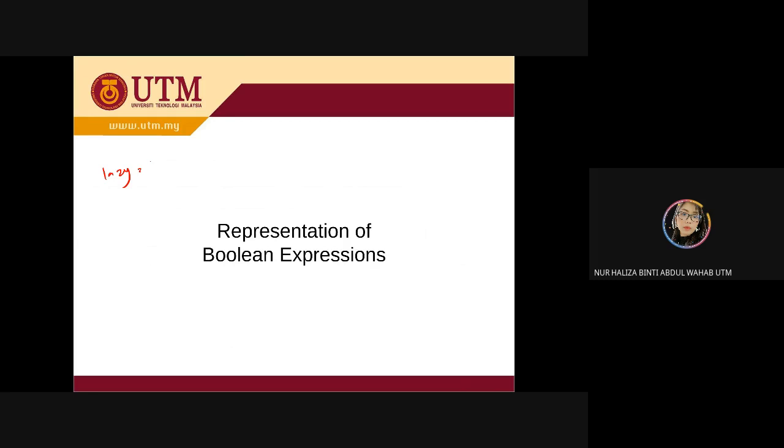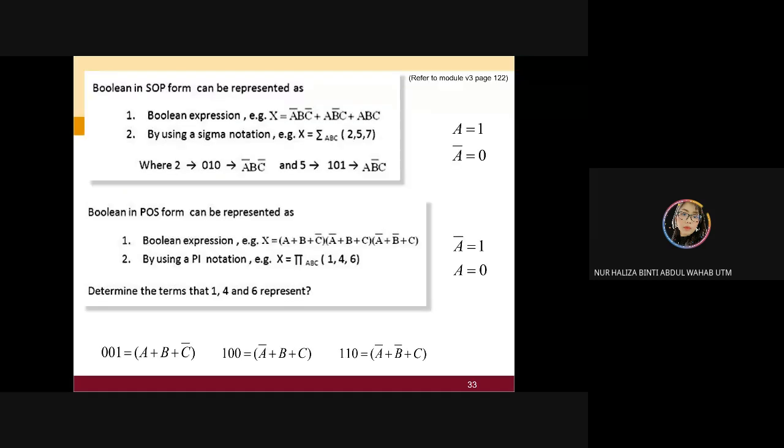We want everything as a shortcut, similar to our new generation, with short forms, too many short forms. Similarly with our Boolean expression, instead of drawing a long F equal to A, B, C, D, E, F plus A, B, C, D bar F, which is too long to represent, we are going to have a shortcut using several ways of representation.